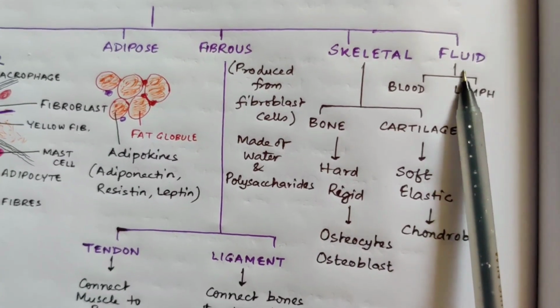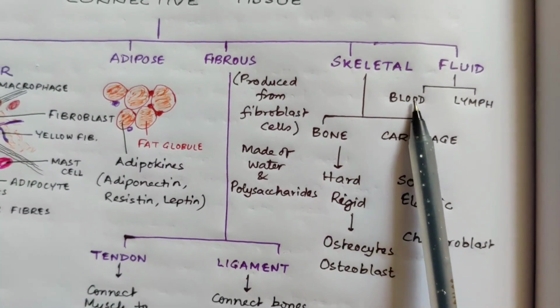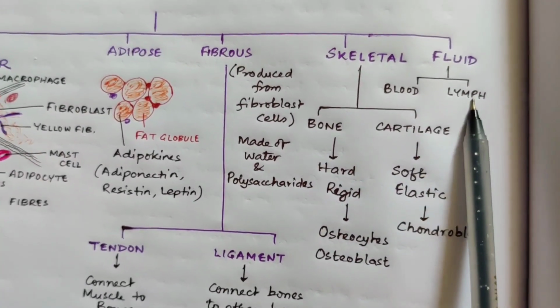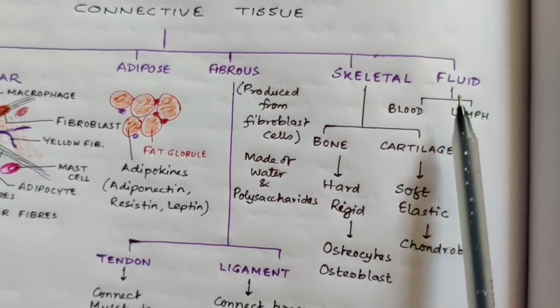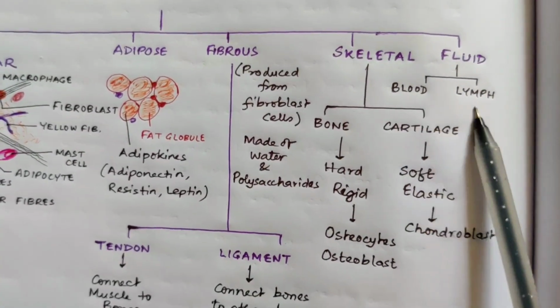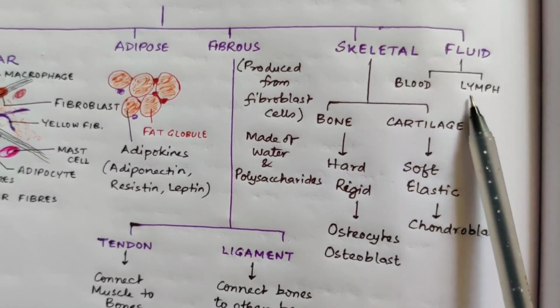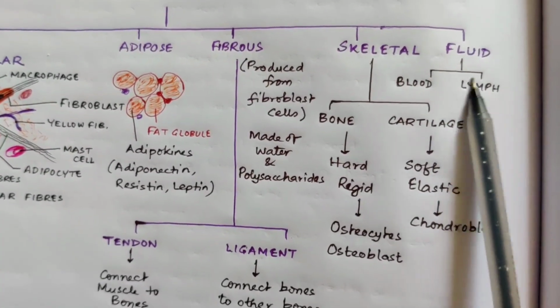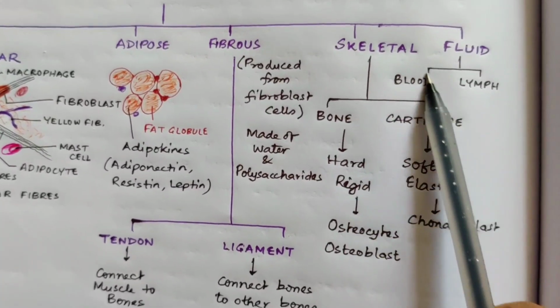Now there is fluid connective tissue. They are of two types, blood and lymph. Blood and lymph both are fluid. They also connect the parts of the body. Lymph is a clear watery fluid and blood is a reddish fluid in the body.